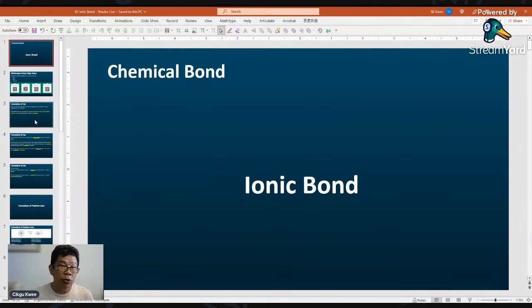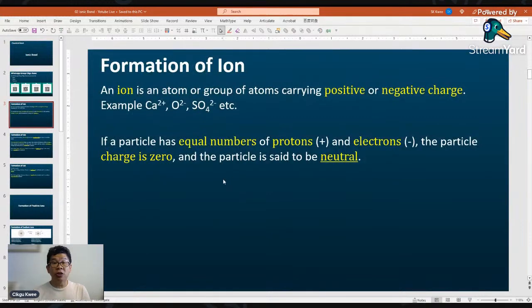Okay, so let's start with the formation of ions. An ion is an atom or group of atoms carrying a positive or negative charge. Any particle that carries charge is called an ion. For example, calcium with a charge of 2 positive, oxide, sulfate. So these are ions.